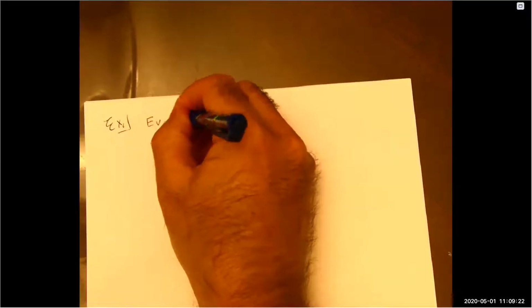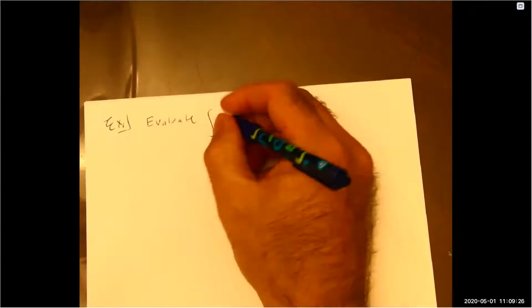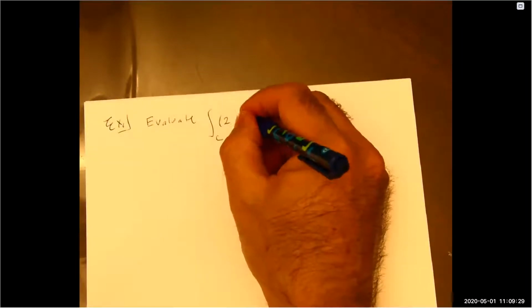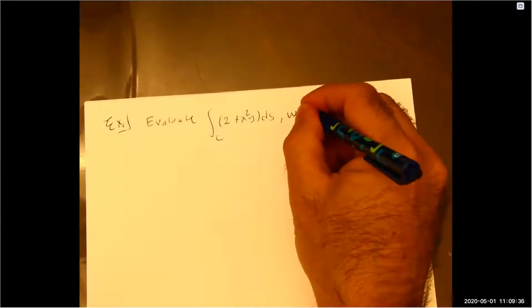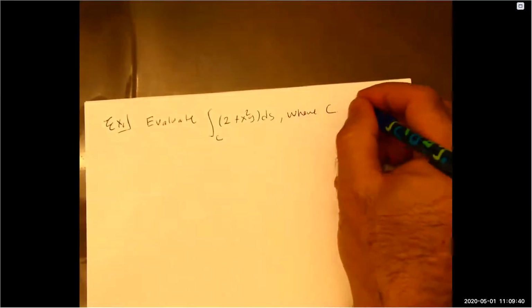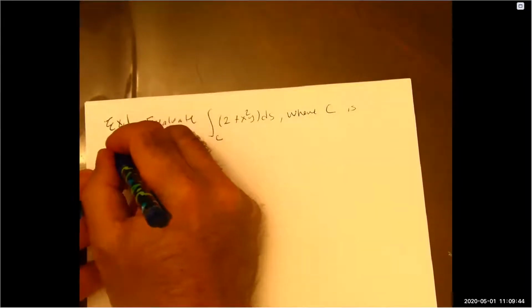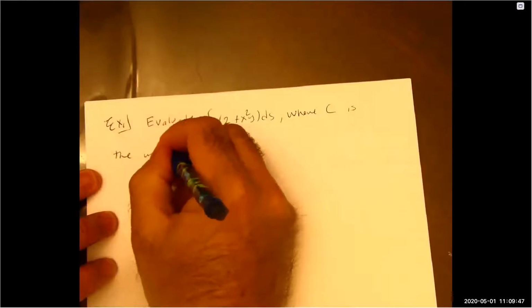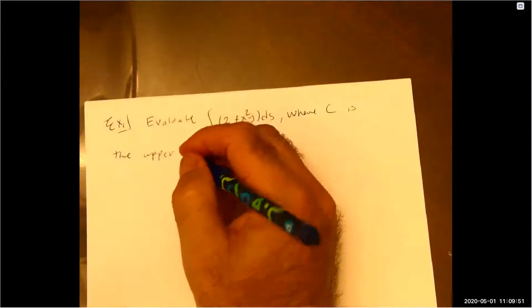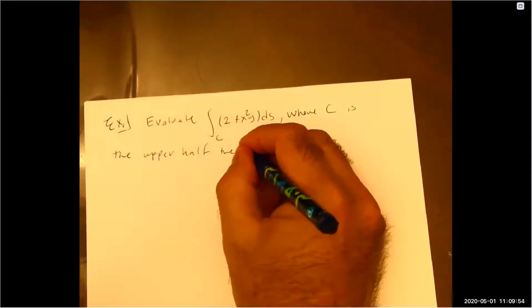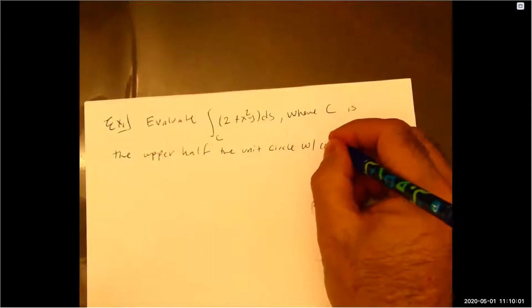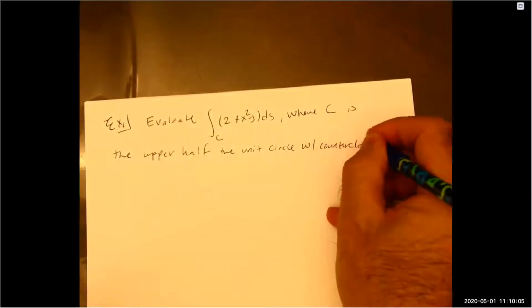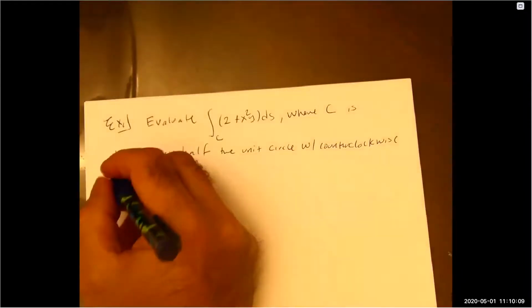We're going to evaluate this line integral along C. We're going to have the integral of 2 plus x squared y ds, where C is the upper half of the unit circle with counterclockwise orientation.